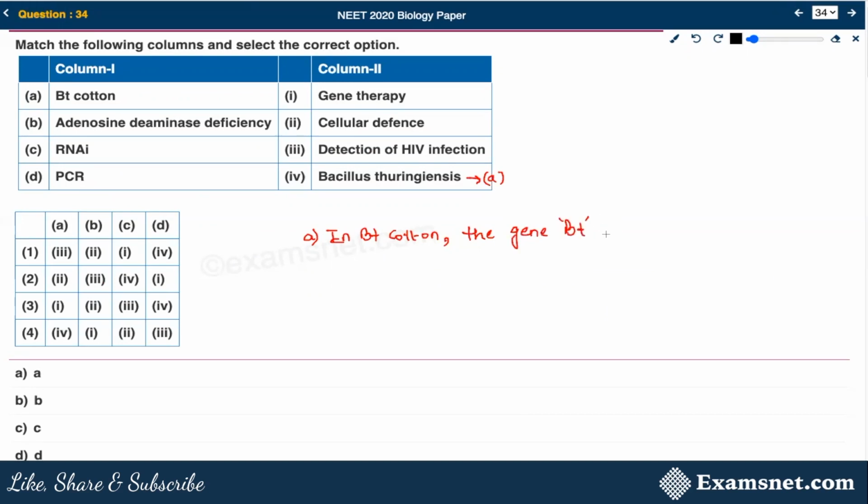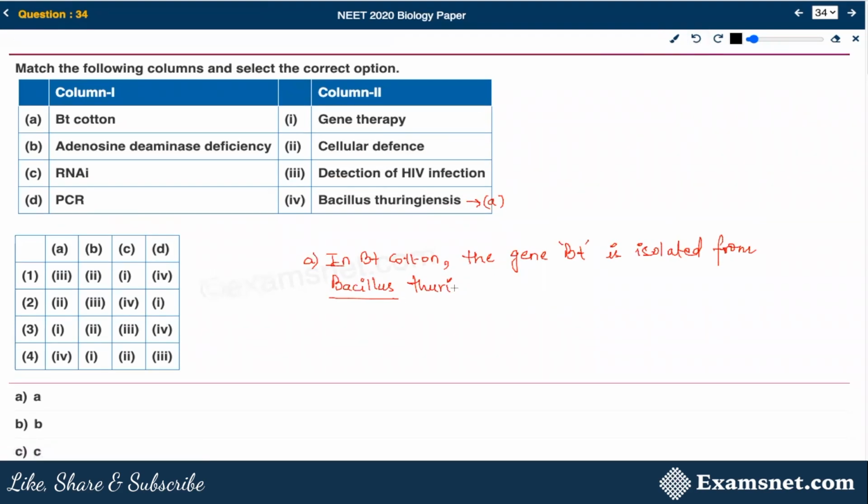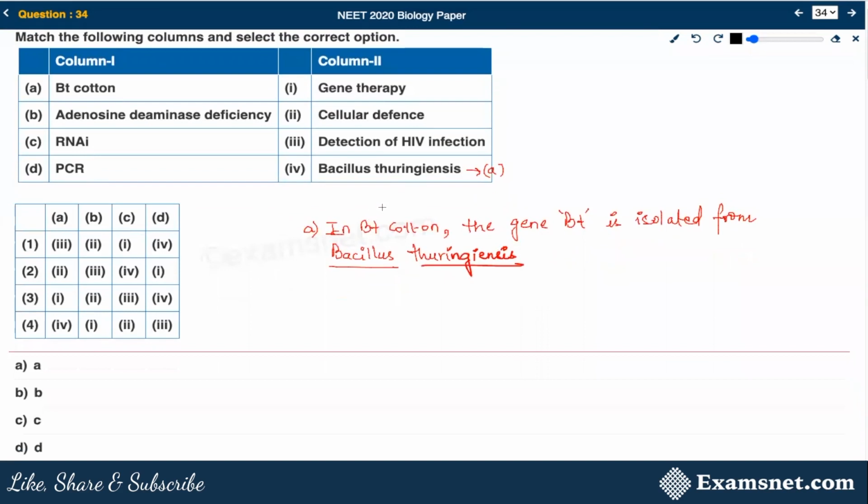The gene BT is isolated from Bacillus thuringiensis. All right, so that's why the option turns out to be 4.